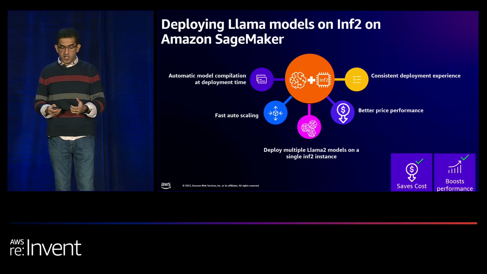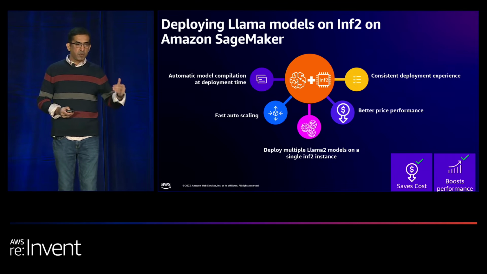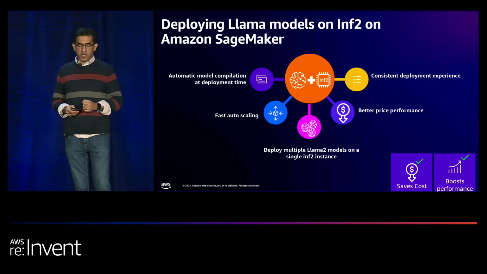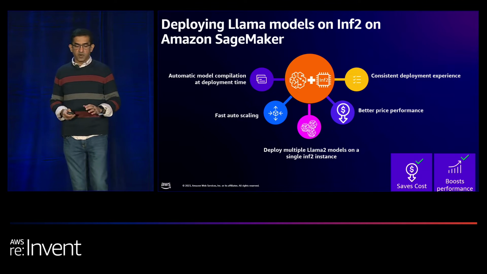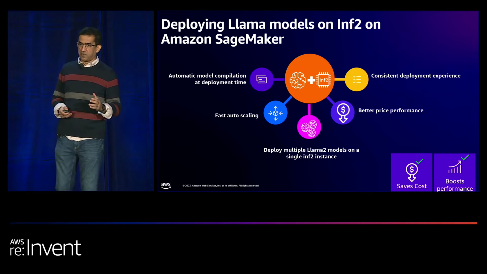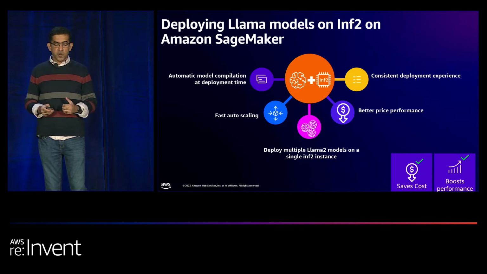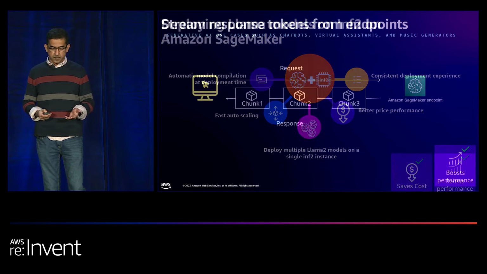So now on SageMaker, you can deploy multiple models on an Inferentia-based instance and get both benefits. Deploying models on Inferentia-based instances requires you to compile the model using the Neuron SDK. To make it super easy, SageMaker automatically compiles the model at the time when the endpoint is set up.